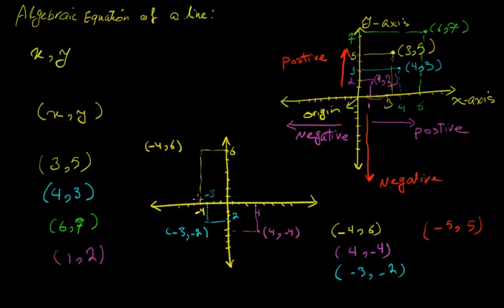So we move toward the left side of the x-axis. 1, 2, 3, 4, 5 is -5, and 5 is positive on the y-axis, so we move upward. 1, 2, 3, 4, and 5. So we plot our point, which is here, and it's -5 and 5.